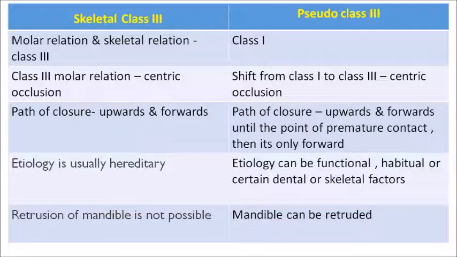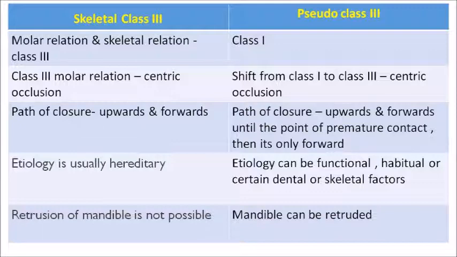The etiology for pseudo class 3 factors can be functional, habitual, or certain dental factors like instanding lateral incisors which cause prematurities, or it might be due to skeletal factors. In pseudo class 3 cases you can forcefully retrude the mandible, because the mandible itself is normal. It's just that when you ask the patient to bite in centric occlusion, the mandible will move only forward, not upwards.